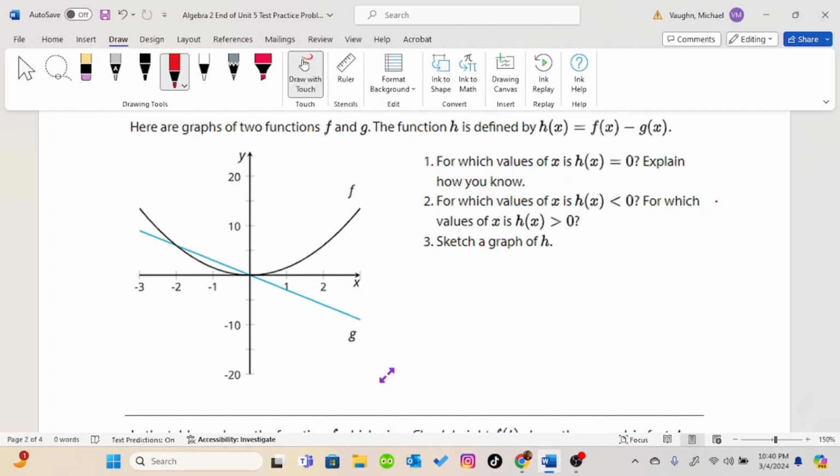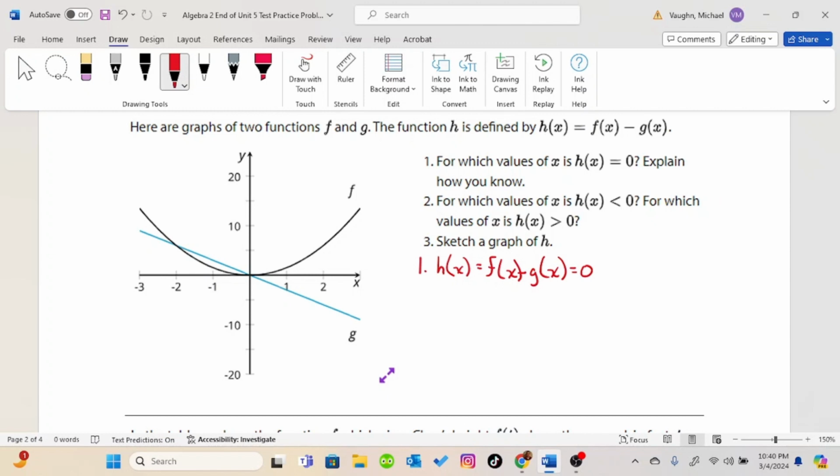So, for number 1, we have h of x equals f of x minus g of x, but we want that to equal 0.